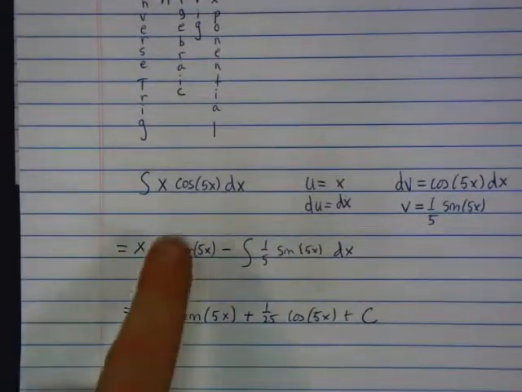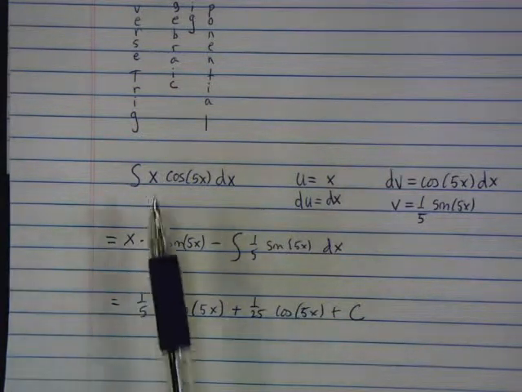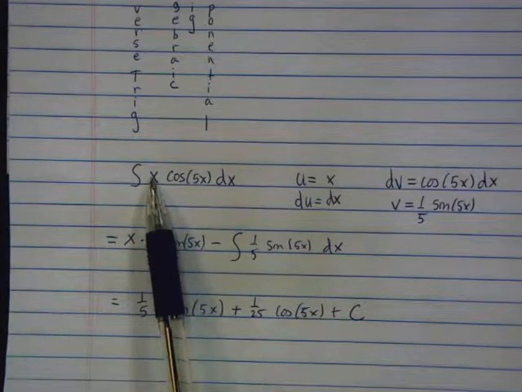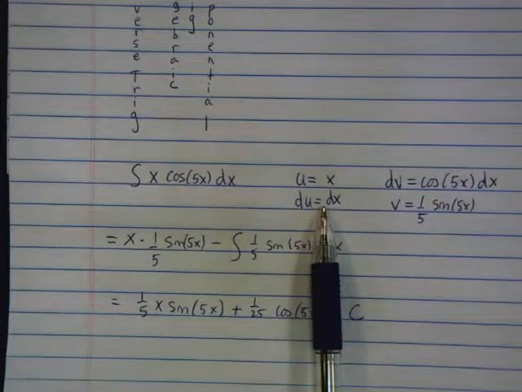How come this one only needed integration by parts once? There were 2 elements, that's true. And what happened when you did your u and your dv thing? The u was here, but when I took the derivative of it, it went away. That got rid of the multiplication right away, didn't it?